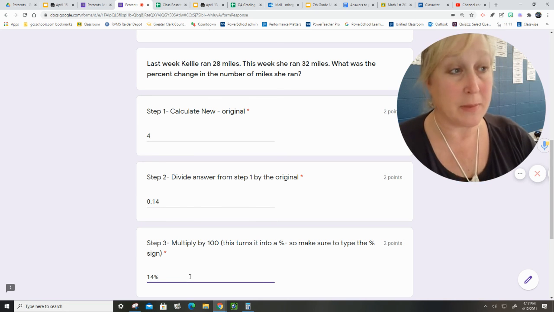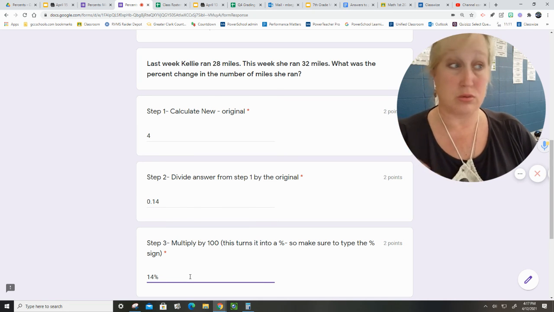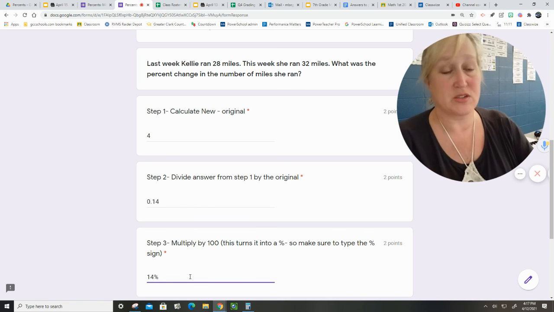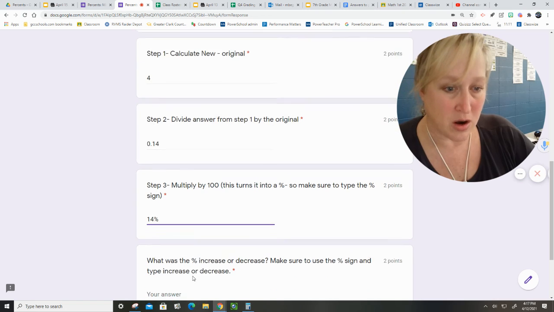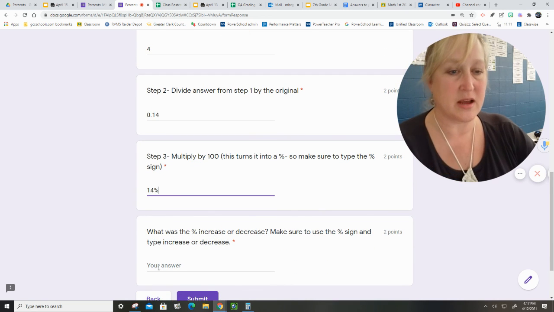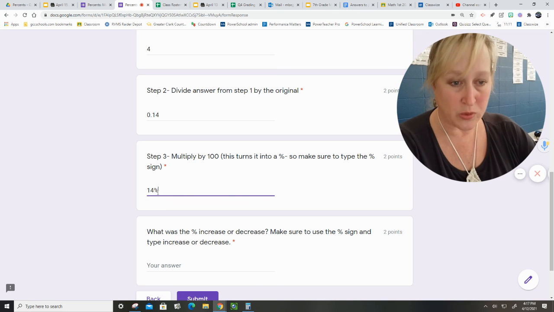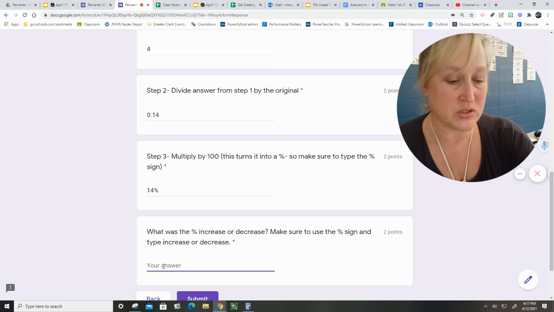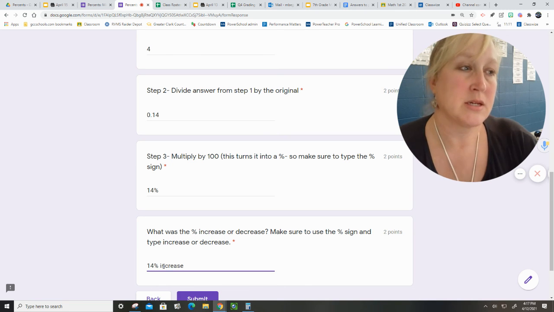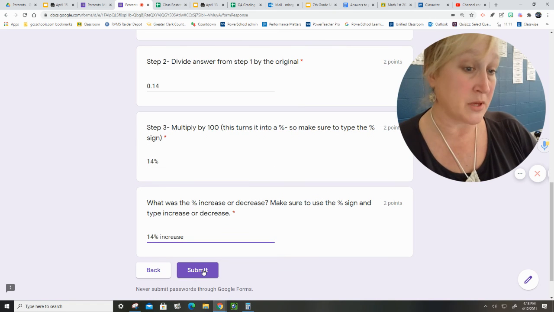I just need to type it in because by now you should know you just move the decimal point 2 spaces. All right. What was the percent increase or decrease? Make sure to use the percent sign and type increase or decrease. Well, this is positive 14. So it looks like it was a 14% increase.